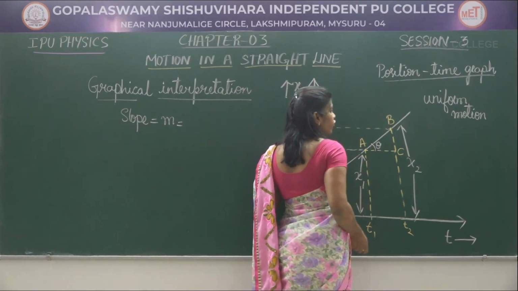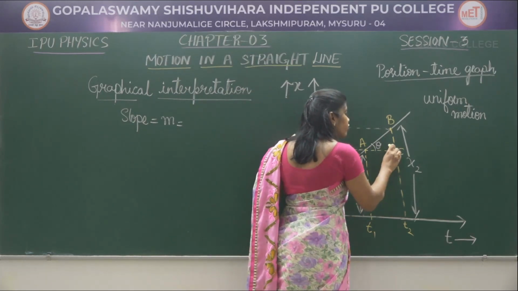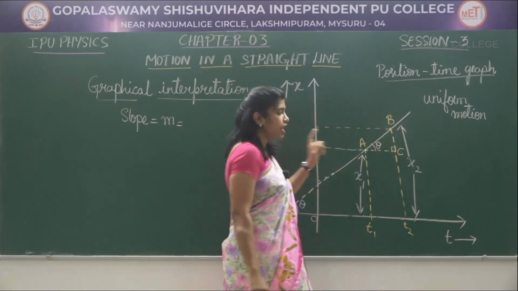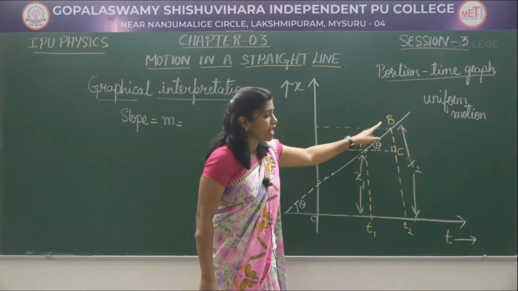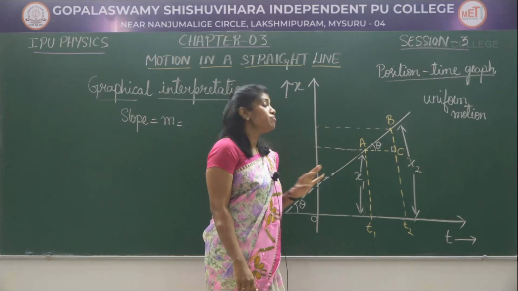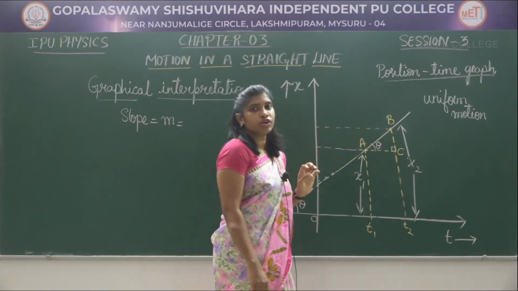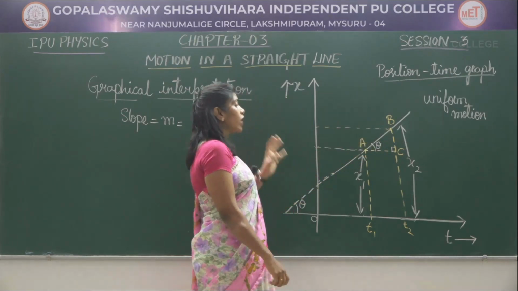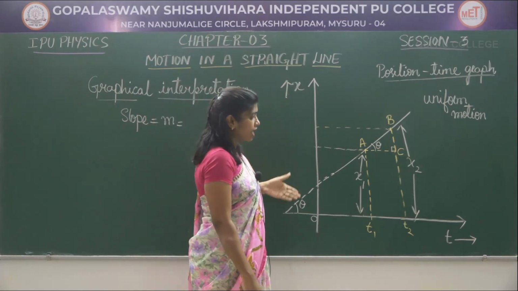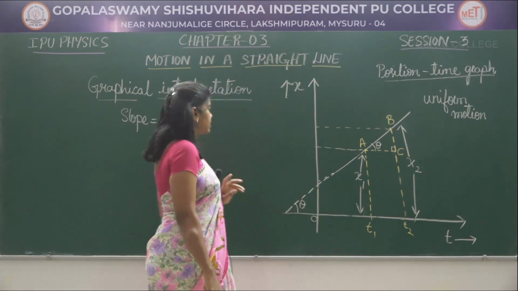As you can see here, I have got a right angle triangle ABC. Using this right angle triangle ABC, I am going to write what is the change in y-axis and the change in x-axis.